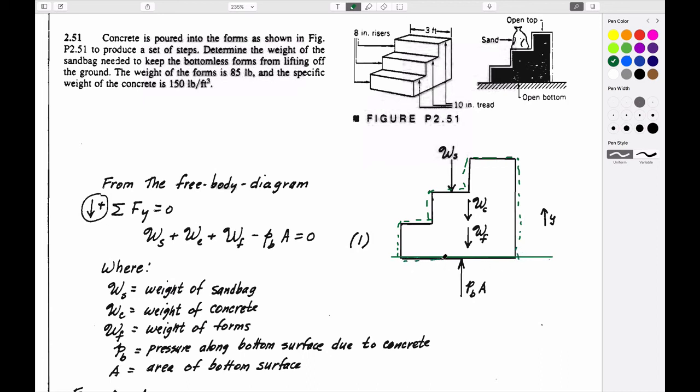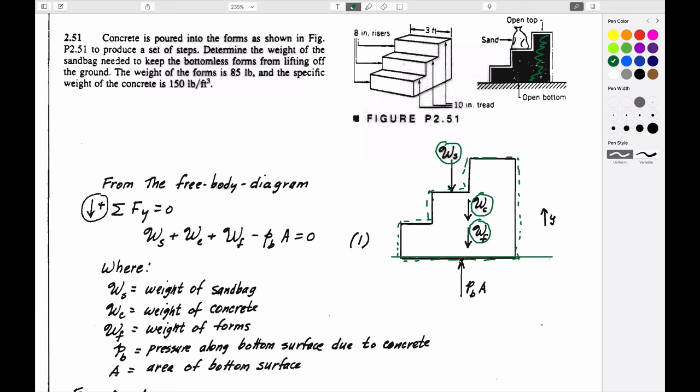So if you isolate this with a free body diagram, here are the forces that are acting. You have the weight of concrete that you're going to fill this thing up with, which is this black stuff here. You have the weight of the form, the wooden form, which is also pulling down. And you have the weight of a bag of sand that you put on this as well.